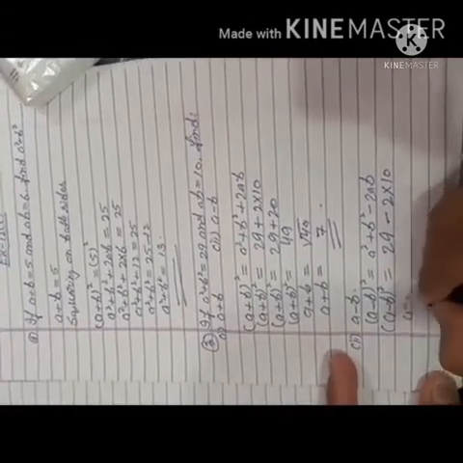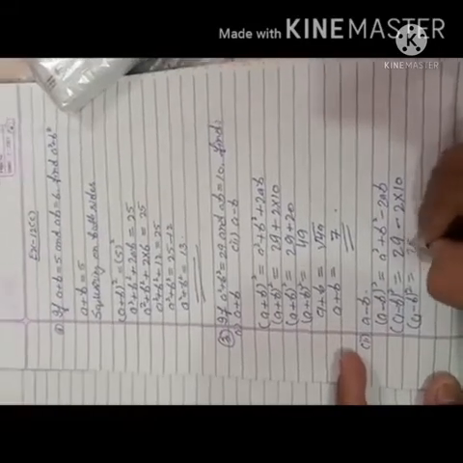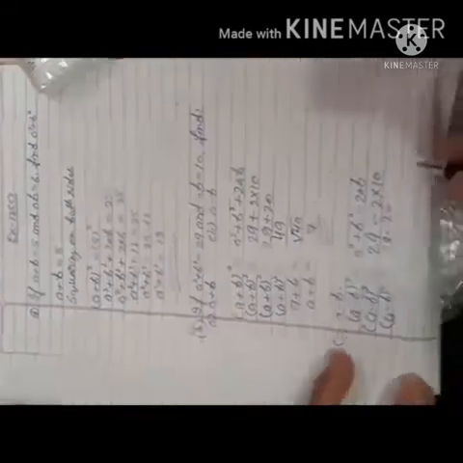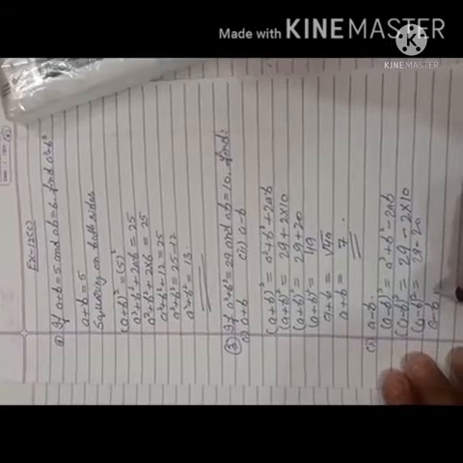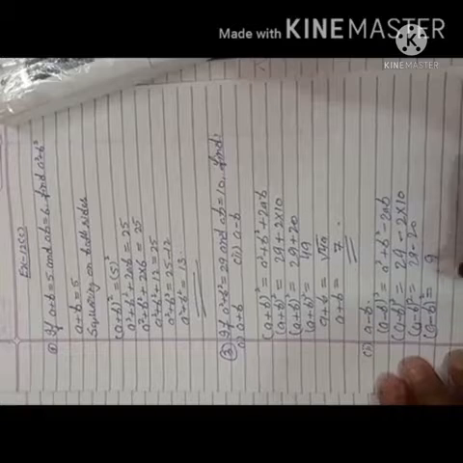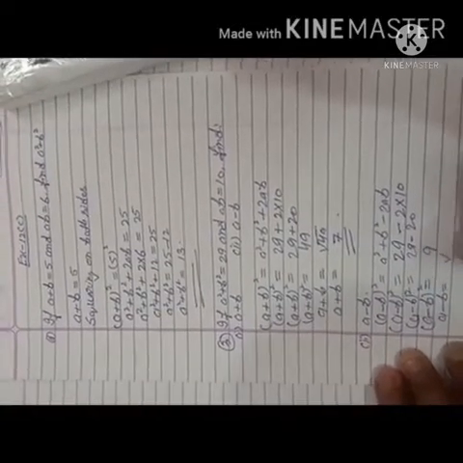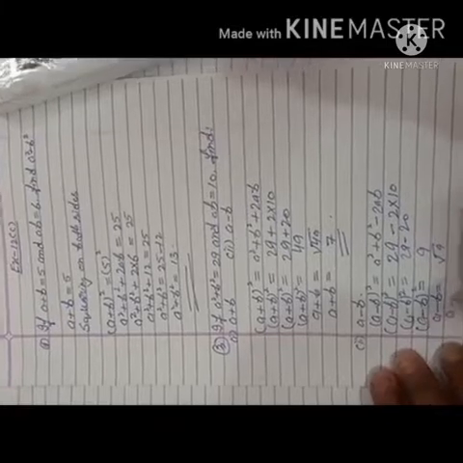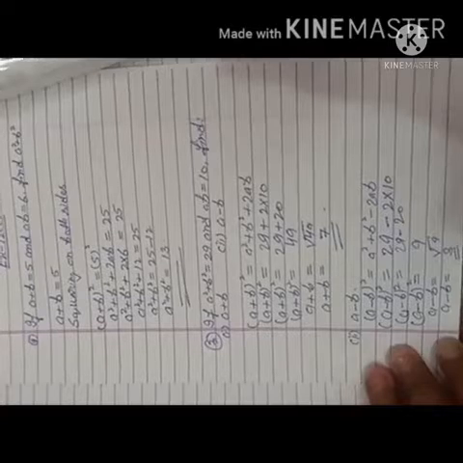So a minus b whole square is equal to 29 minus 20, which is 9. So a minus b is equal to under root 9. Then a minus b is equal to 3. So the answer of the second part is 3.